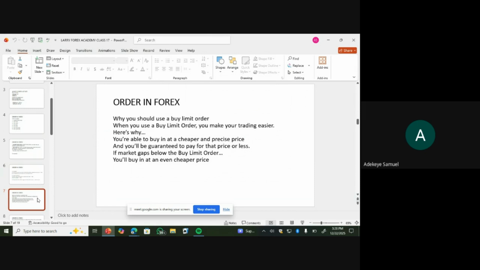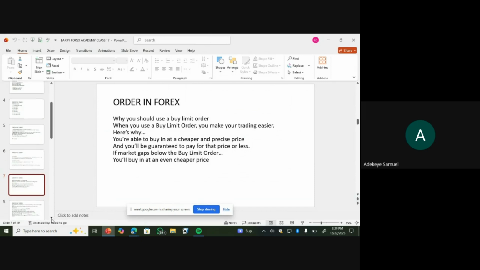Once the price comes to that level, the trade will trigger and start buying for you. So you are able to buy at a cheaper price, and you are guaranteed to pay that price or less. If the market goes below the buy limit order, you will buy at an even cheaper price, right?